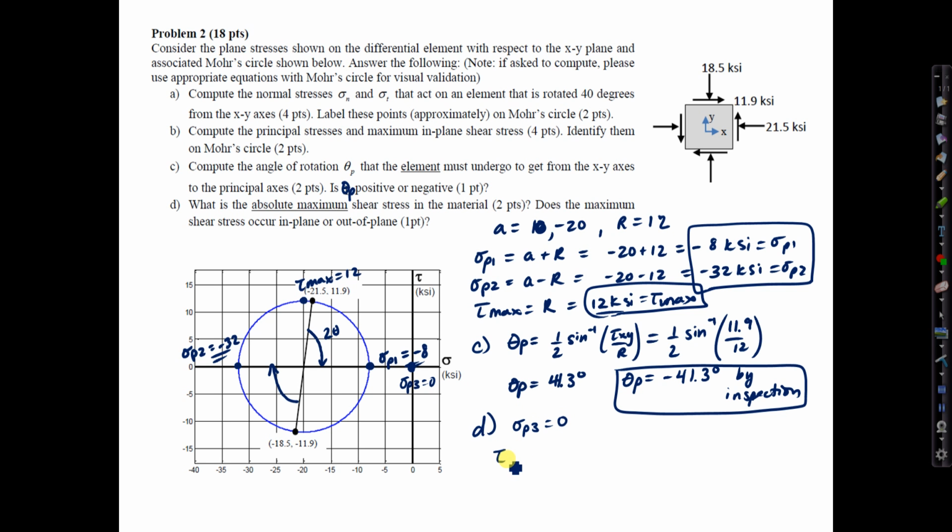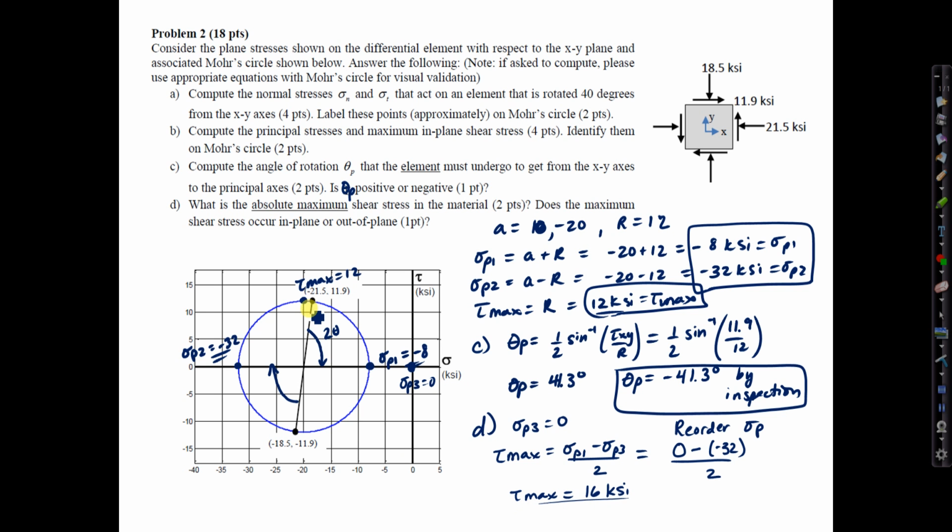I can evaluate the absolute maximum shear stress as sigma P1 minus sigma P3 over 2, where I want to make sure I order the principal stresses so that sigma P1 is the largest and sigma P3 is the smallest. So the largest here is 0, actually, and the smallest is negative 32. Divide by 2, and that gives me a value of tau max equals 16 KSI.